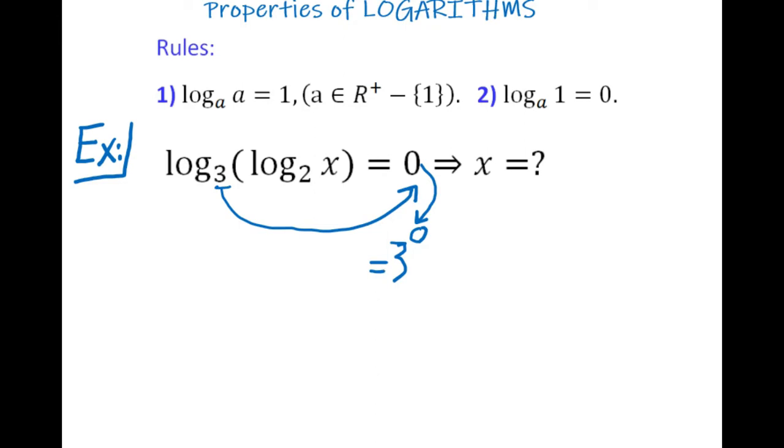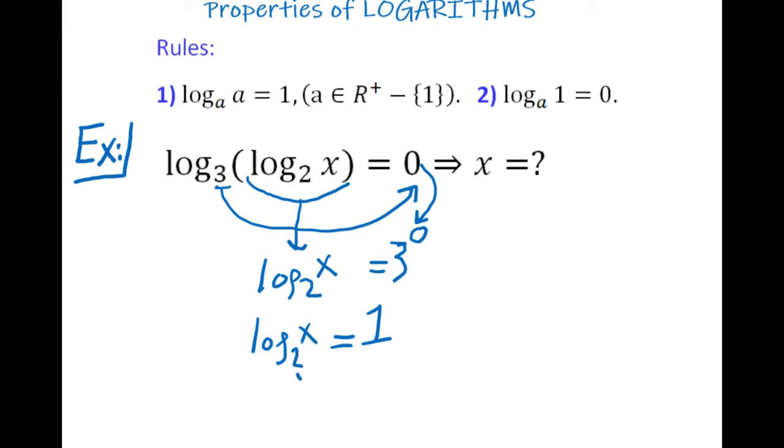Then just write down the inside expression as it is: log of x in base 2. So the left side is log of x in base 2 and the right side is 3 to the power of 0. Everybody knows that 3 to the power of 0 is 1.